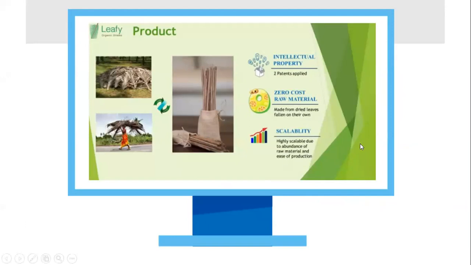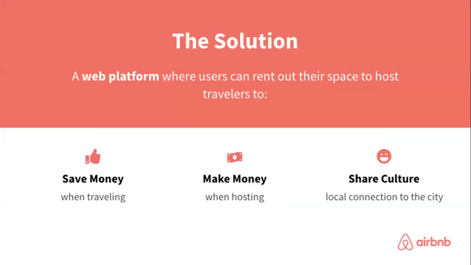It is scalable because the leaves are everywhere. That is his product. Here you will notice the product slide shows either the product, the process, and also the features.